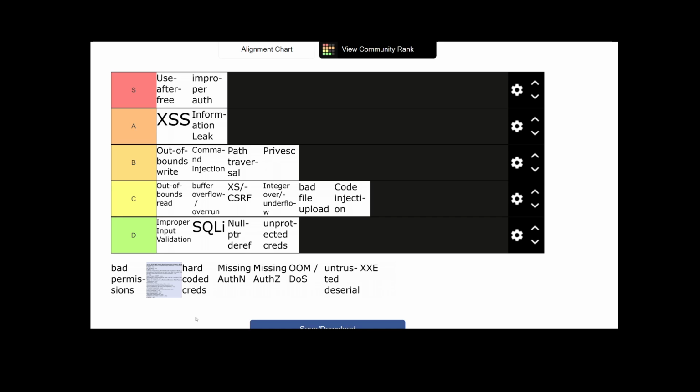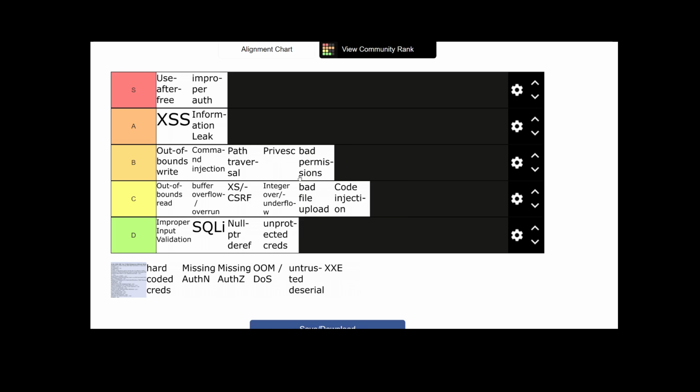Improper privilege management. I swear I just did that one, so we're gonna ignore that one. Oh, I guess I have bad permissions and privesc in incorrect places. We're just gonna assume they're the same.